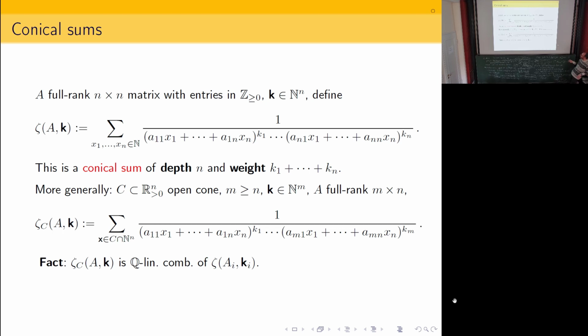And you consider the sum over the intersection of this cone with the lattice points. So this is a more general looking kind of series, but it can be proven that it can be reduced to a few linear combinations of objects of this kind. Do you want to intersect with Z^n or N^n? It doesn't matter because it's in the positive always, okay.